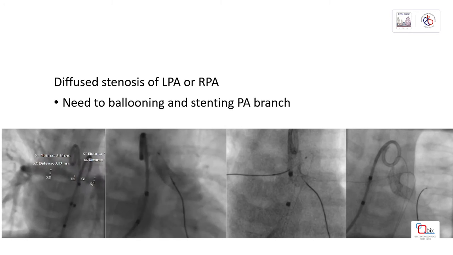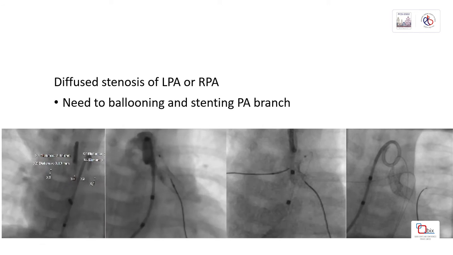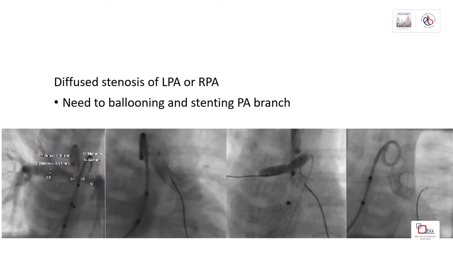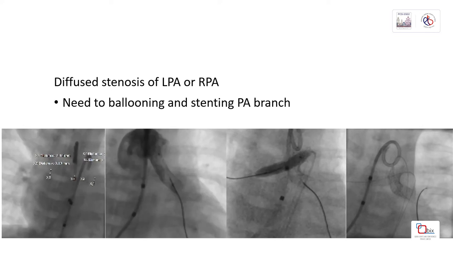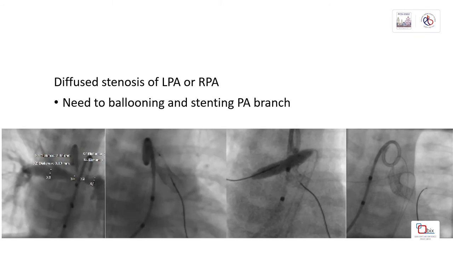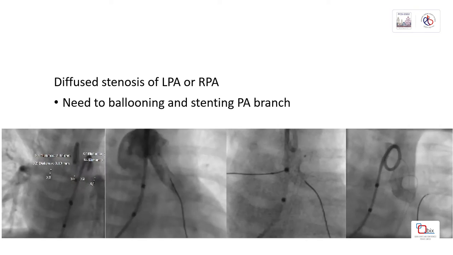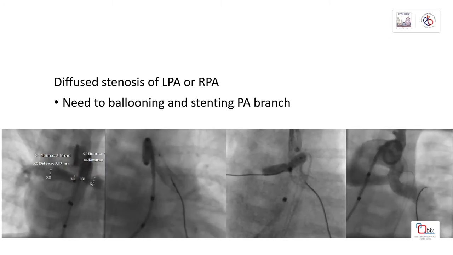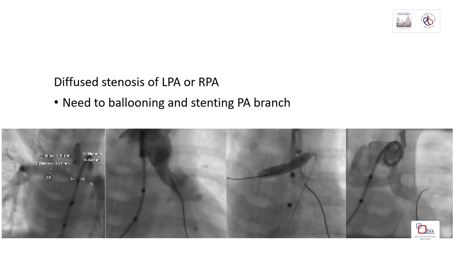For long-segment stenosis of the LPA and RPA, sometimes we need not only ballooning but also stenting of the branch. You can see this patient with PDA stenosis and also long-segment LPA and RPA stenosis.